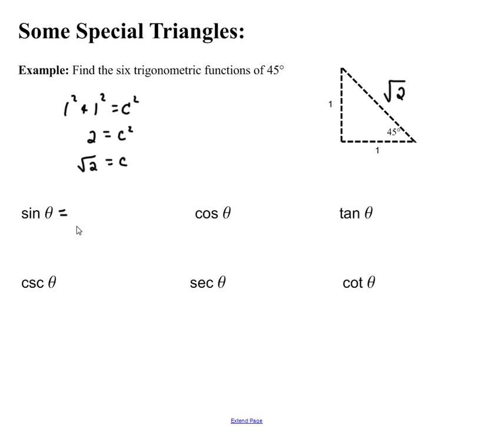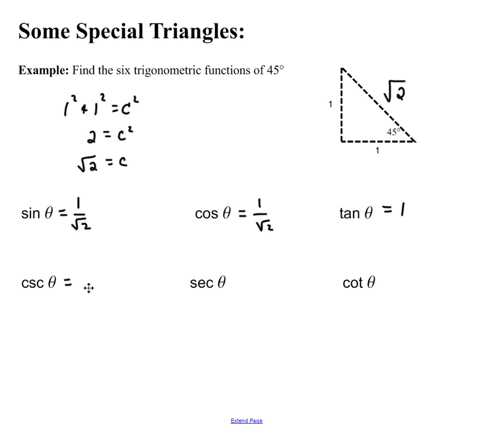Well, the sine of the angle, 45 degrees, is going to be 1 over the square root of 2. The cosine of the angle will be exactly the same since the adjacent and the opposite side equal each other, so it's 1 over the square root of 2. And the tangent of the angle 45 degrees is the opposite over adjacent side, which is 1 over 1, or simply 1.